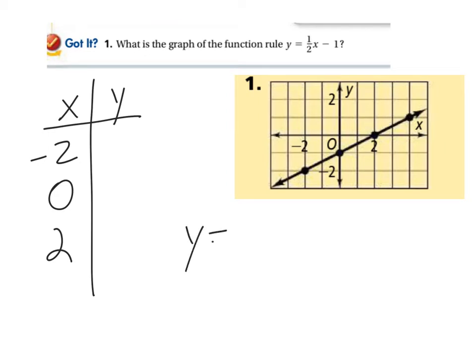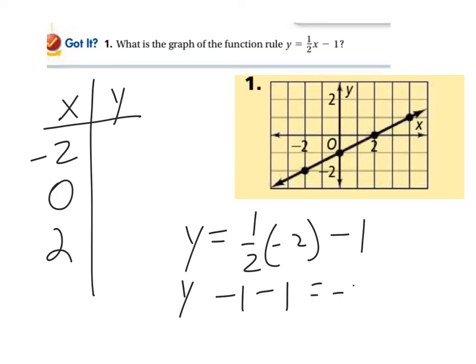So y equals 1/2 times -2 minus 1. Well, 1/2 times 2, right, that's -1, minus 1, which is -2. So I get -2. And when I plug in 0, I'm going to get -1. And same thing, if I plug in 2, I'm going to get 0.